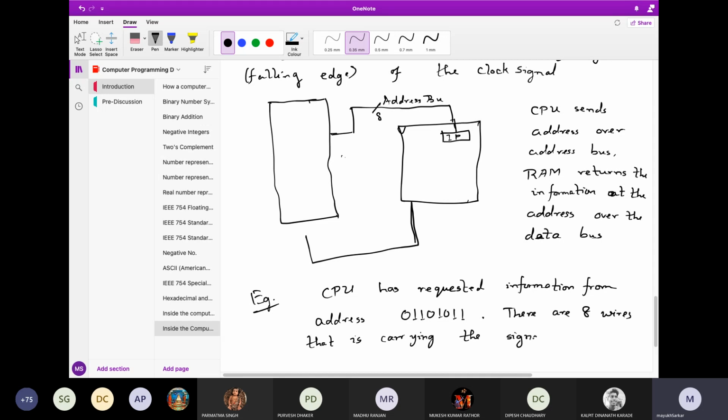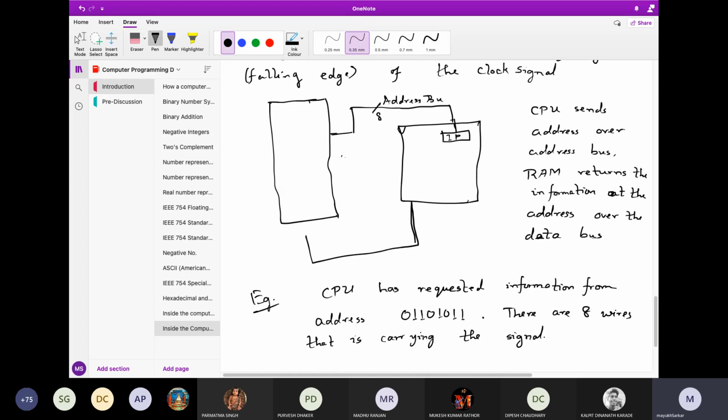Remember, the bus is nothing but a group of wires. So the address bus is unidirectional. The signal can go only in one direction. That can be controlled using a proper electronic device, and the signals on that address bus will go based upon what address you are sending.